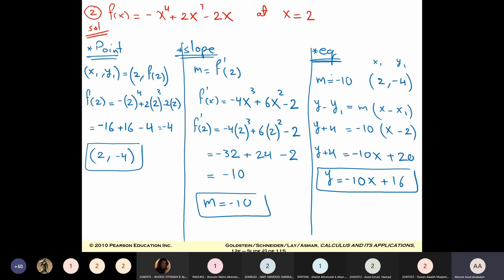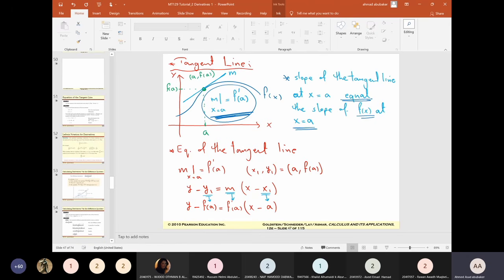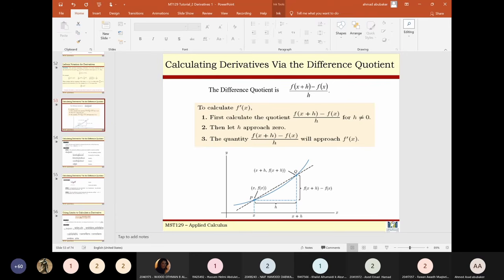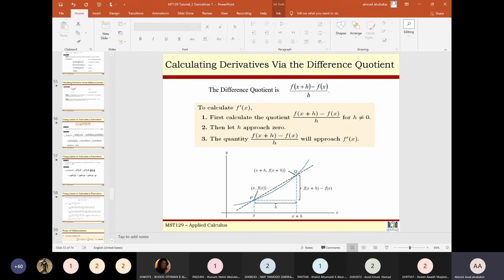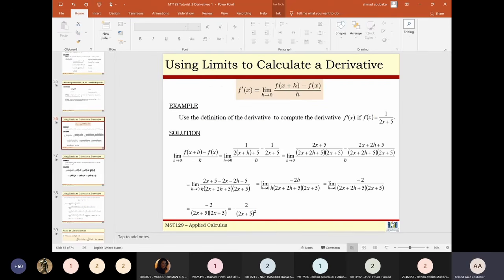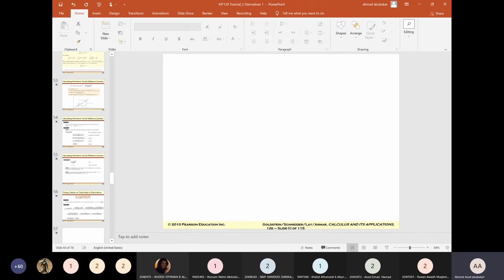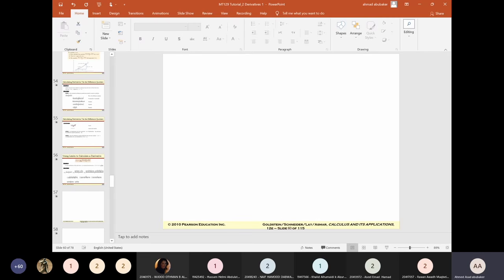Now we need to use the definition of a derivative to find the first derivative.